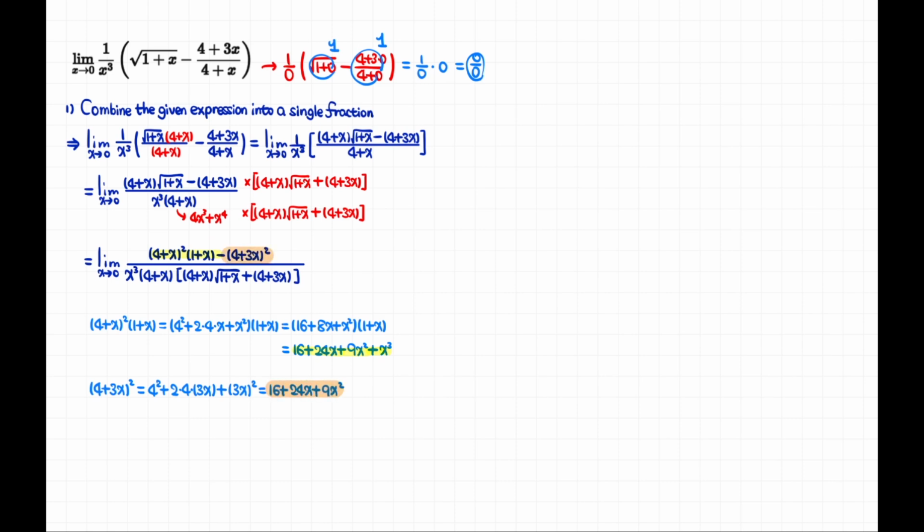Now, what we have to do is subtract this from this. If we do that, wow, something kind of magical just happened here. But actually, this is not really magic because this is clearly by design. The problem setter just intended it this way.